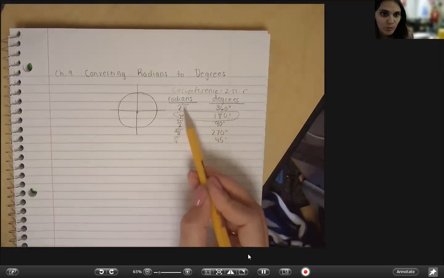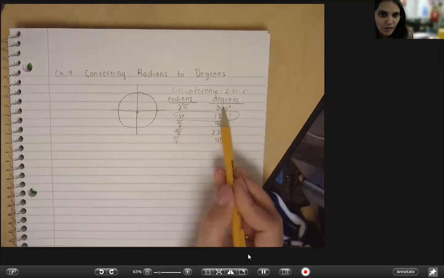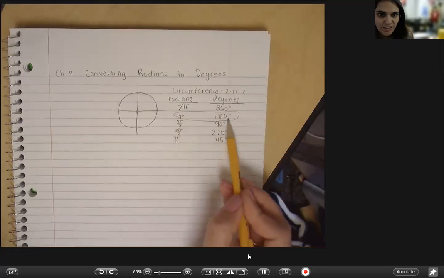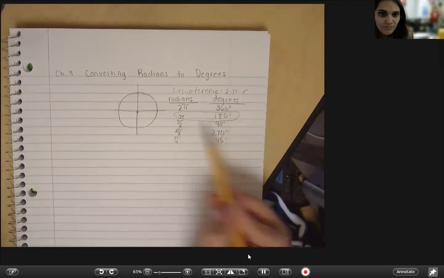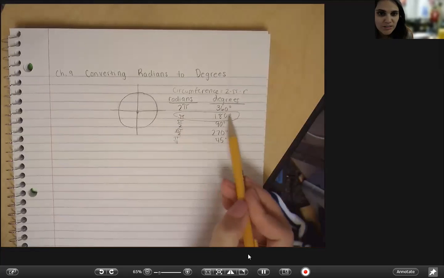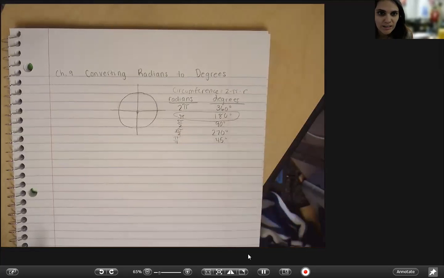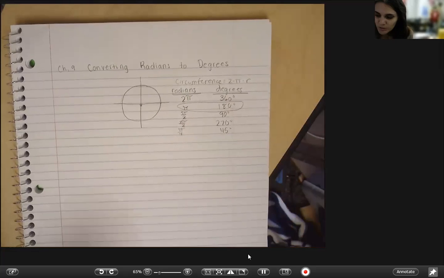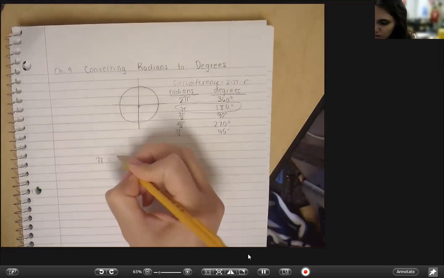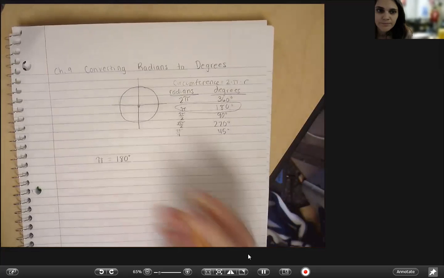So if we were to double this and go from pi to 2 pi, we'd have to double this. If we were to half this and go from pi to half pi, we'd have to half this. If we were to take 1/4 of pi and get pi over 4, we'd have to take 1/4 of 180 degrees and get 45 degrees. So we know that pi is equal to 180 degrees.